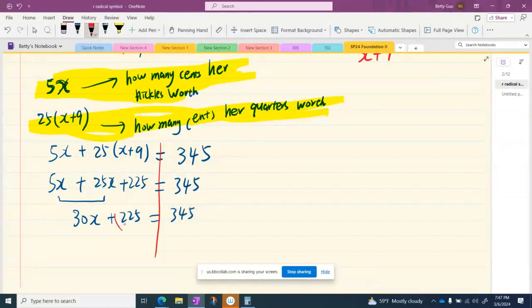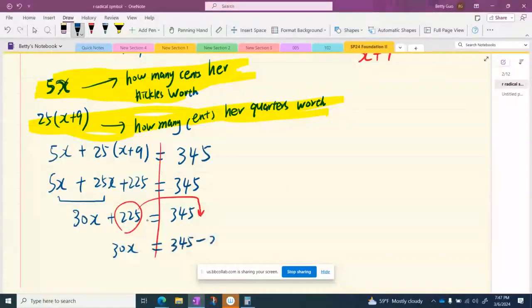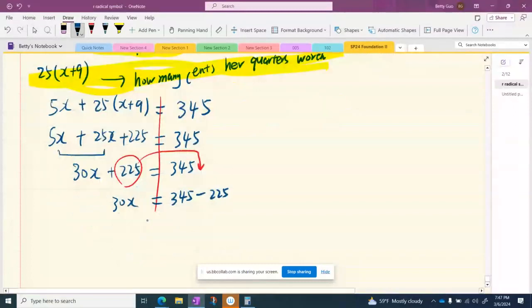And then move this guy over. We have 30x equals 345 minus 225. 30x equals, and that gives us 120. And then divide each side by 30.